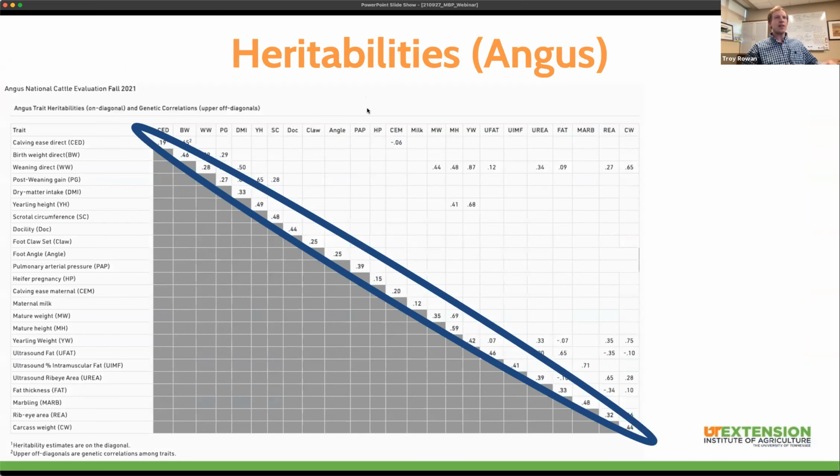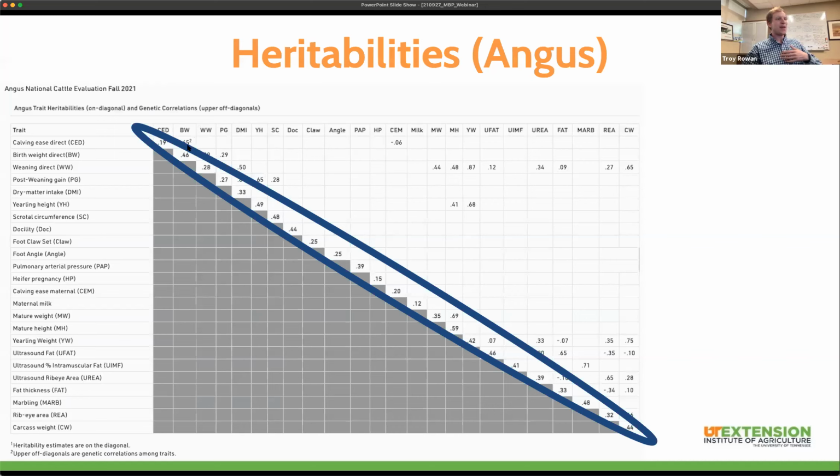But just for a little bit of perspective, I pulled this table from the American Angus Association. These are their most recent heritabilities for all of the traits that they're reporting EPDs on. I think they're up to something like 24 traits that Angus is reporting EPDs on, so a really, really big suite of traits.